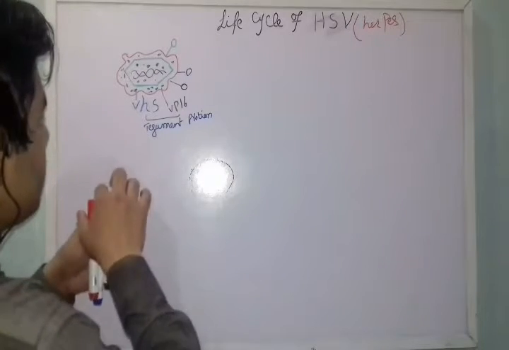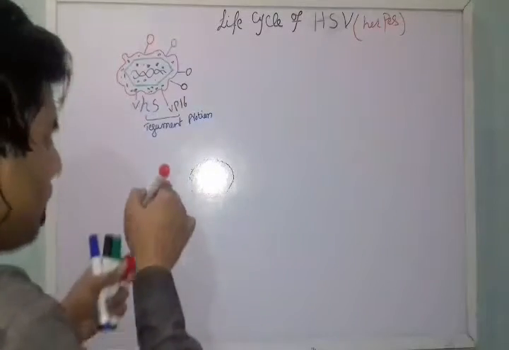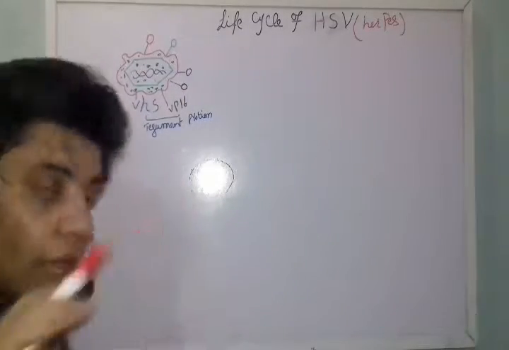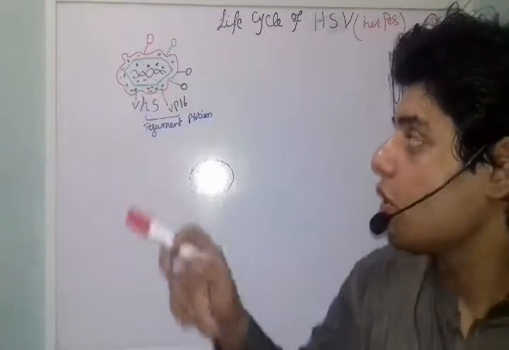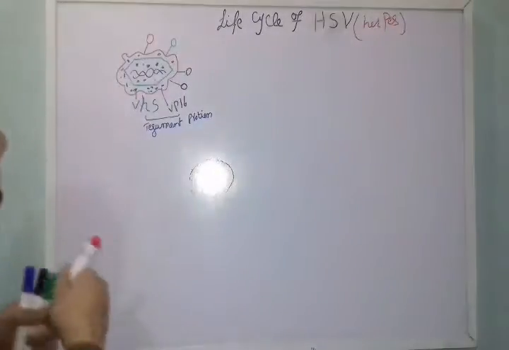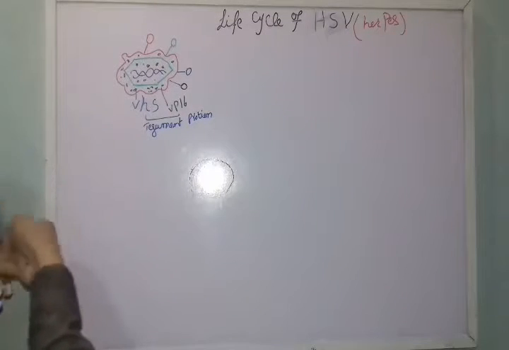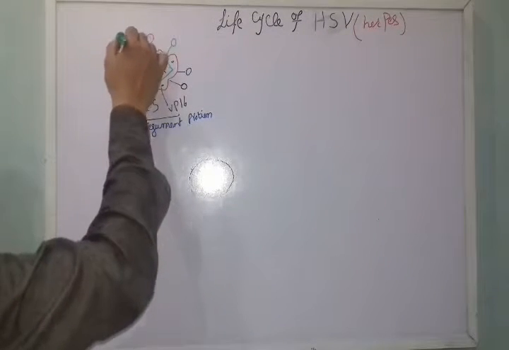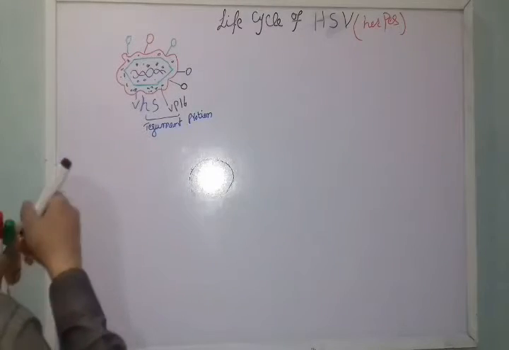And let me draw this one with red. Yes, okay, fine. Now these four are actually the receptors, or not only four, but majorly these four are the important receptors which are repeated again and again and make the spike proteins.